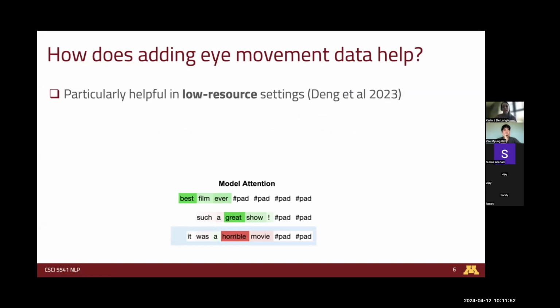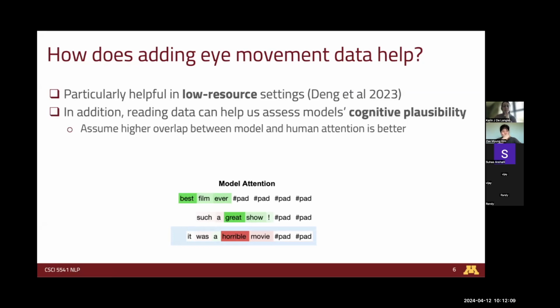But it is particularly helpful in low resource settings. So basically, if we have a model that's not quite so beefy as GPT-4, or maybe we have a language that doesn't have as much data as something like English, these kinds of eye movement data can be helpful for task performance improvements.